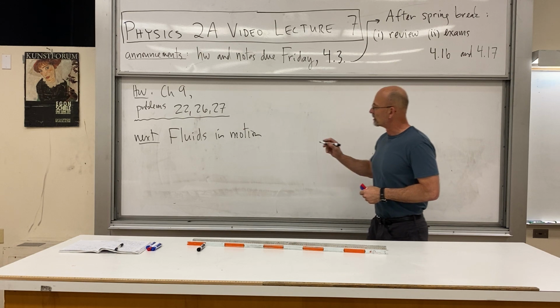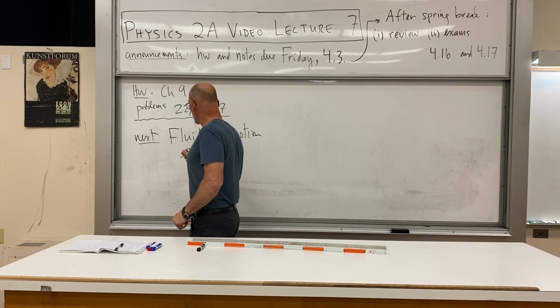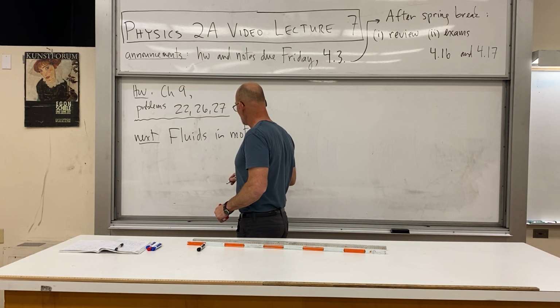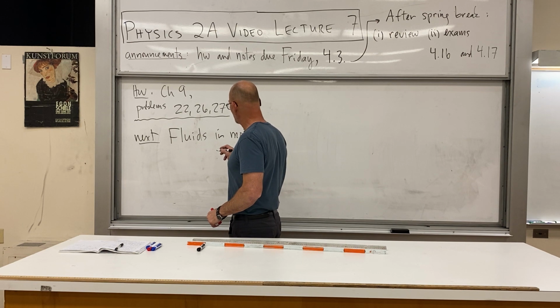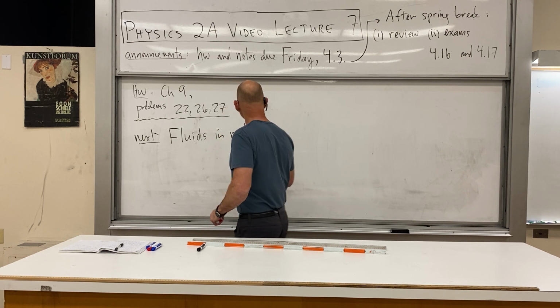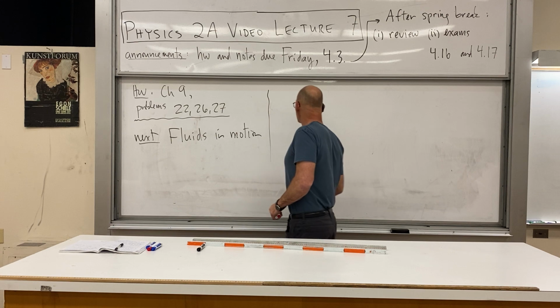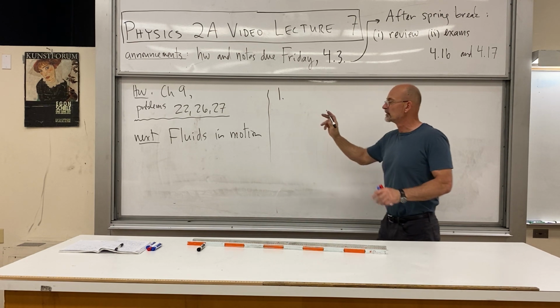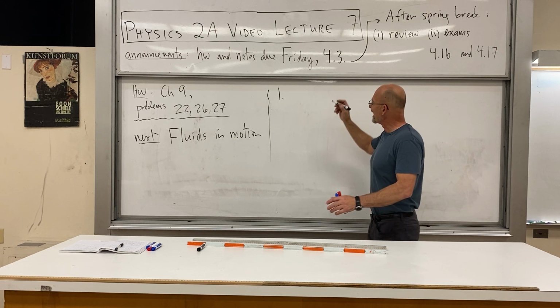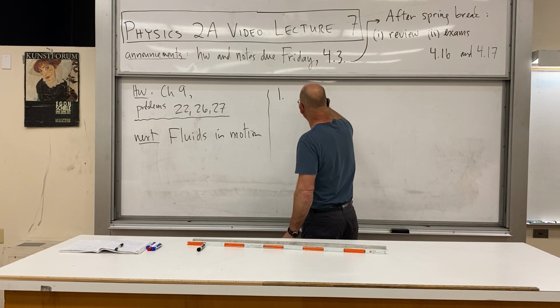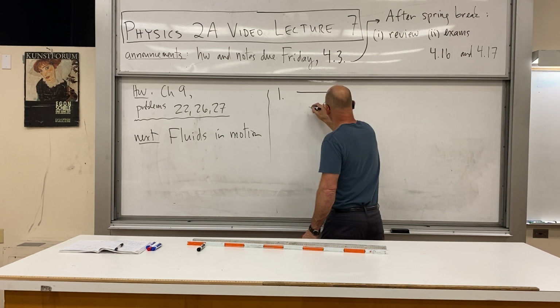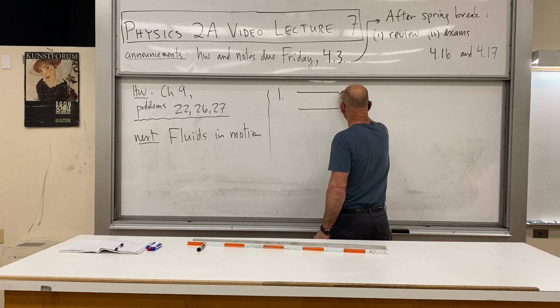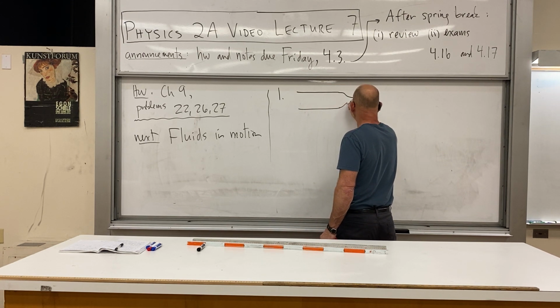Okay. So when we're talking about fluids in motion, we have to first of all derive a couple of important equations. And the first one, I'll just name it and then I'll show you what's going on. Actually, how about I just draw a picture of a pipe with a constriction.